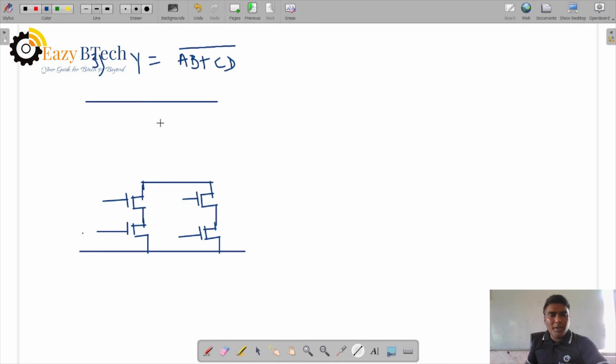Now the complement of this one. A and B are in parallel, PMOS, and C and D are also in parallel, and both are in series.